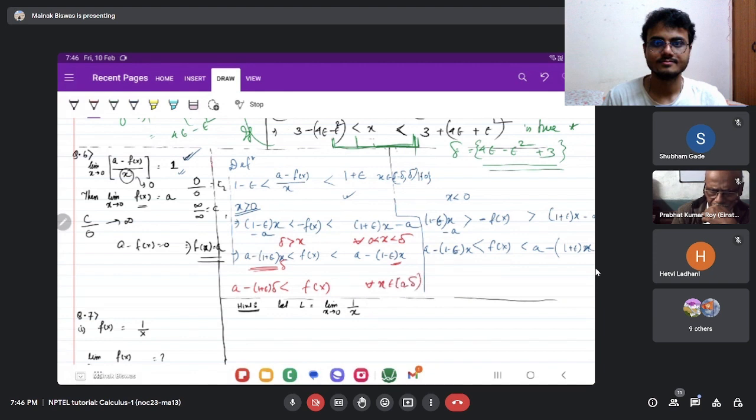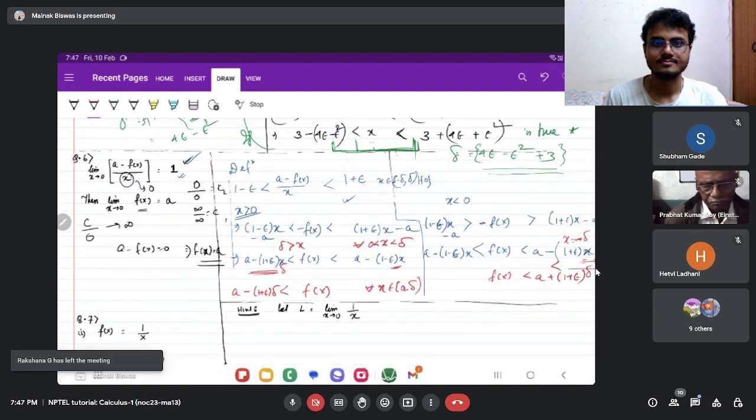Would you agree to that? Similarly, for x greater than 0, if I put minus delta here, x is equal to minus delta on the right hand side, it would be an upper bound, since you'll get some number greater than this upper bound. You'll get something greater. So a plus 1 plus epsilon when I put x is equal to minus delta.